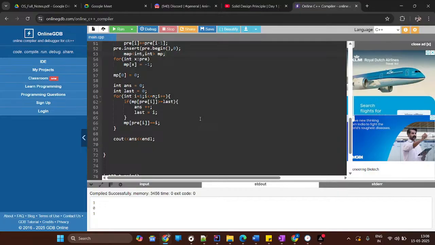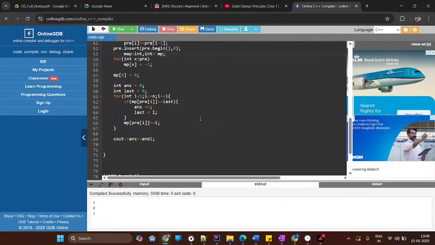Again minus 4. So it checks MP of minus 4, 2, is it greater equals to last? Yeah, it's greater equals to last. The answer becomes 2, and then last becomes 3.